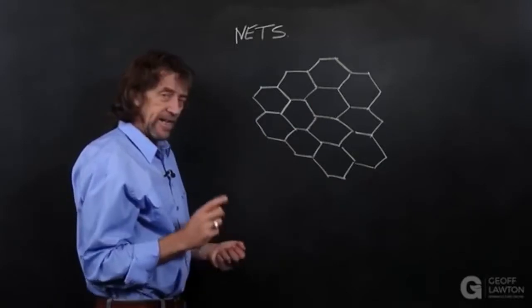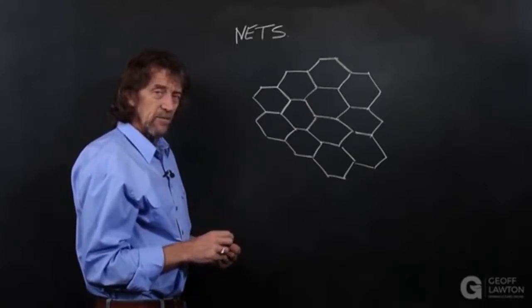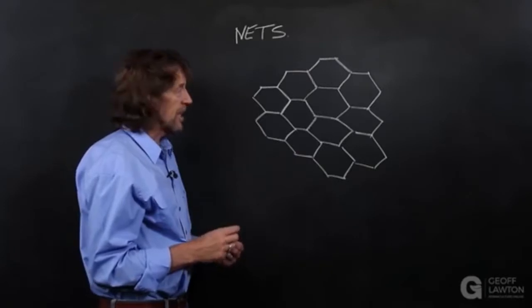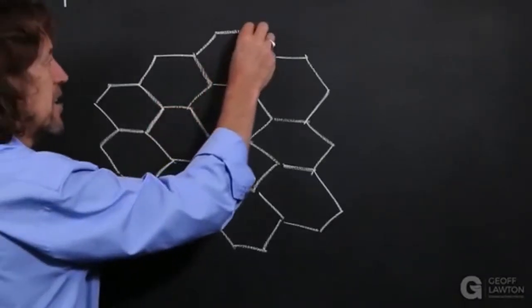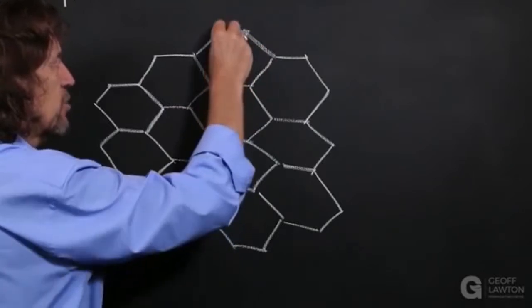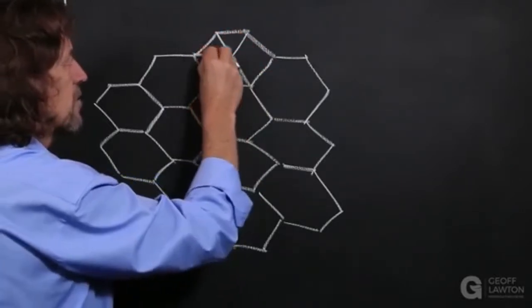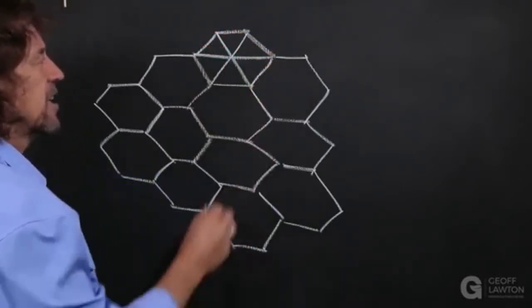There's one in there in the hexagon that works interestingly as a star. So if we draw across from point to point, we end up with a six-sided star.